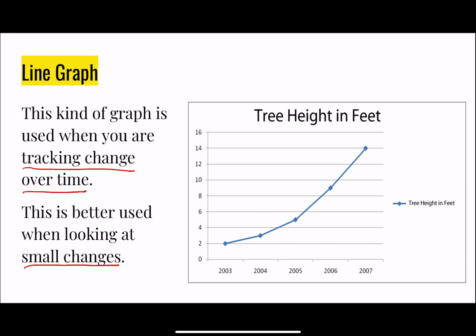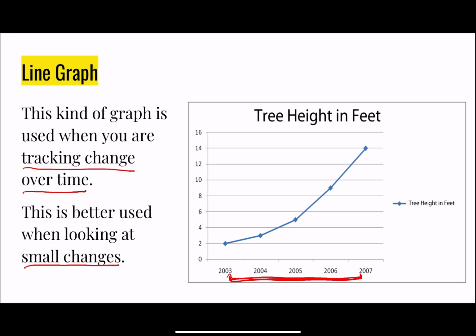So let's take a look at this example, tree height in feet. If you wrote this lab report, you would lose points because you are missing important labels, right? Like down here, your x-axis. What is that? I don't know what that is. Is that number of Dalmatians or number of trees? I don't know, right?